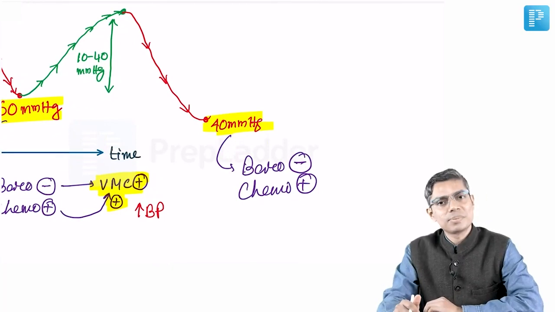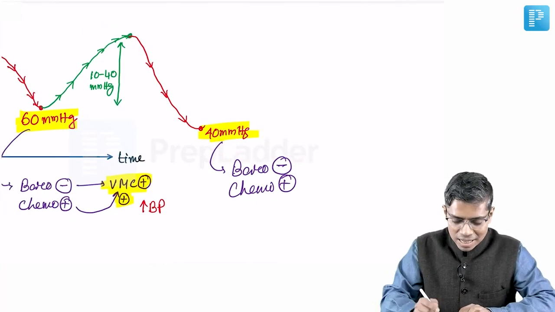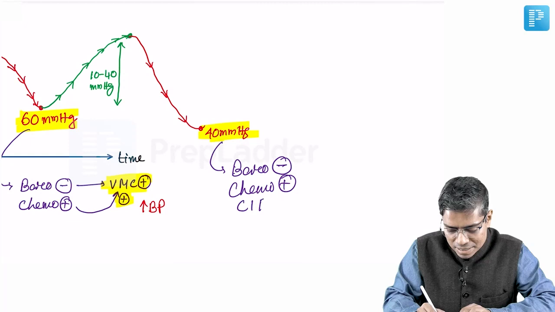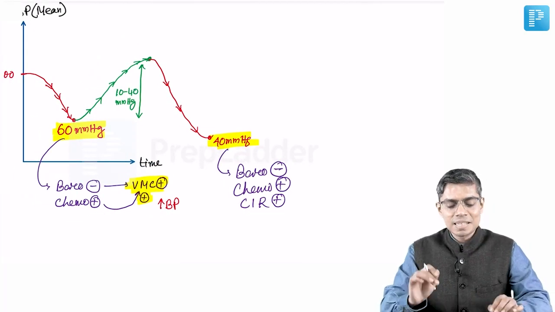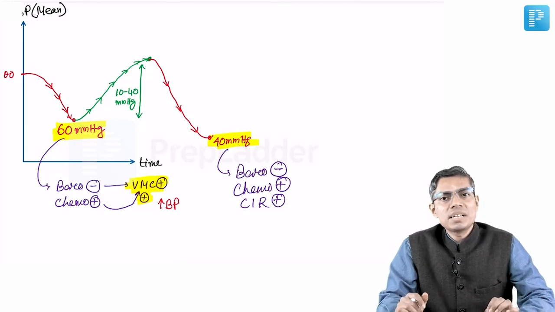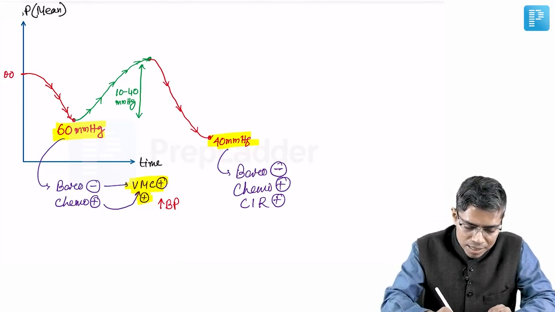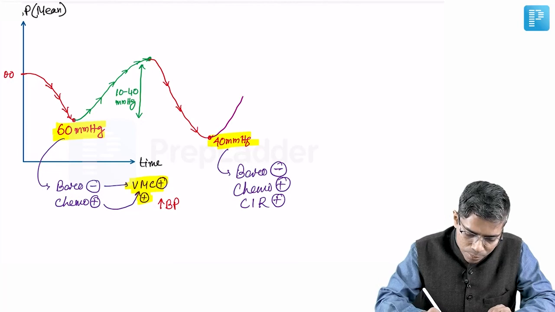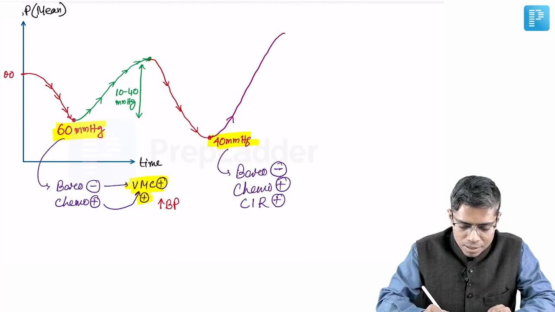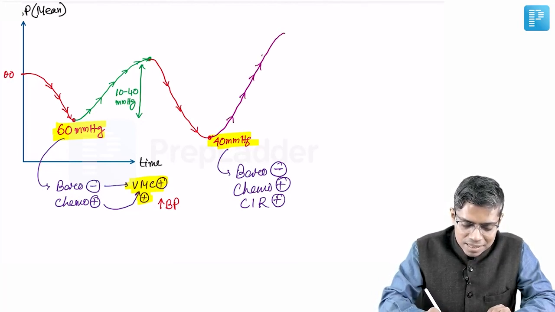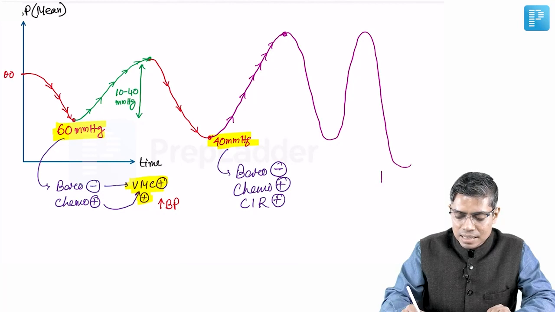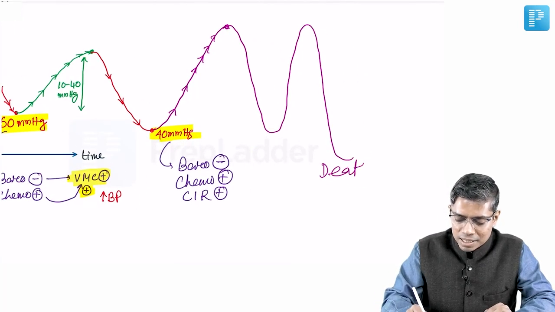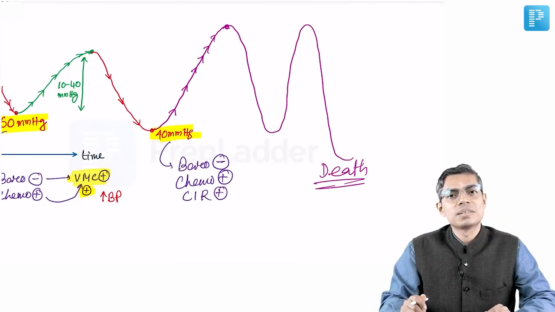Additionally, another mechanism will also be activated, and that is nothing but the CNS ischemic response. Now I told you that CNS ischemic response is one of the potent responses. It will try to raise your blood pressure as much as possible, and this kind of fluctuation of blood pressure will continue for some time until and unless there is death of the person.